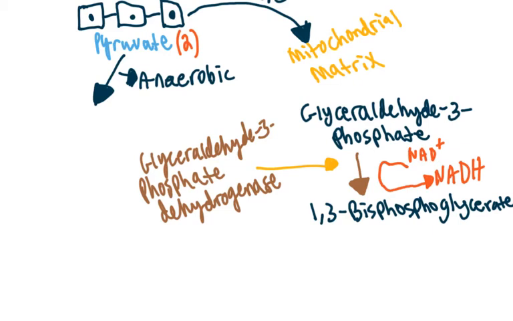So pyruvate in an anaerobic state, and what's going to happen is that these NADHs right here, right? Remember, there's two NADHs here. I'm only showing one, but there's actually two because dihydroxyacetone phosphate gets converted to glyceraldehyde 3-phosphate also via triose phosphate isomerase. Remember from the last video, from the glycolysis videos.